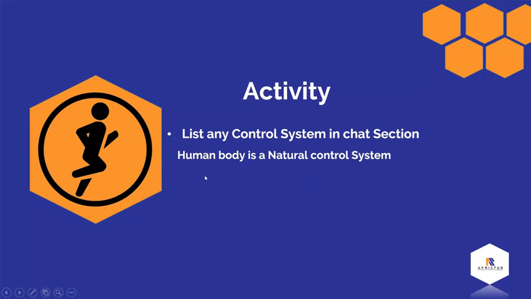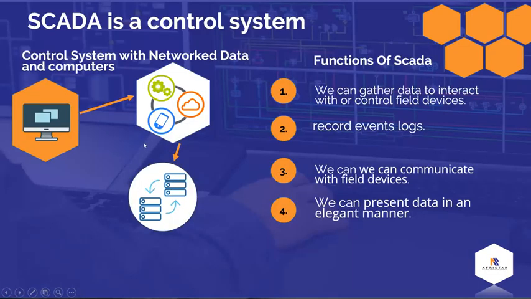So that is an example of a natural control system. SCADA is a form of control system, but now we have introduced computers and we have networked our equipment such that we can communicate with various equipment.